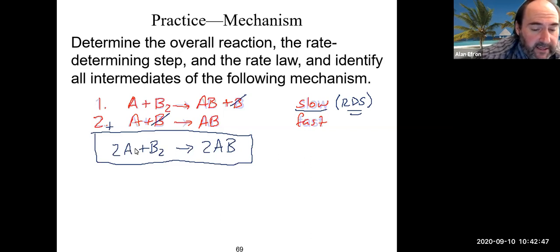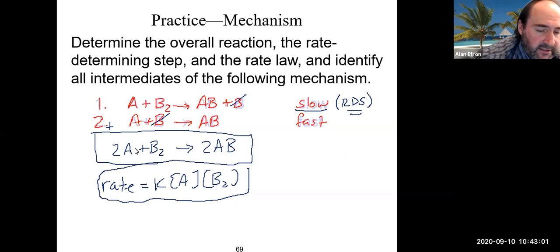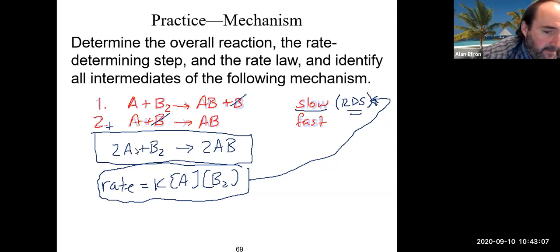So the rate law would be equal to the first step, which would be K times A times B2. This should be the rate law based on this mechanism, because this is the rate law that we get for our slow step. And the last thing, B was our intermediate here.